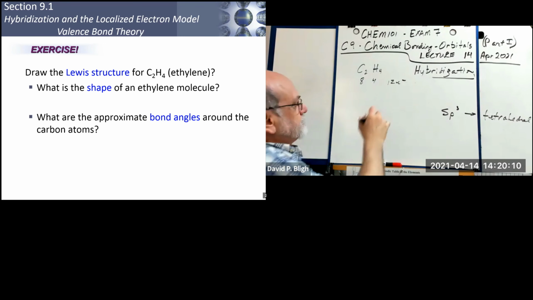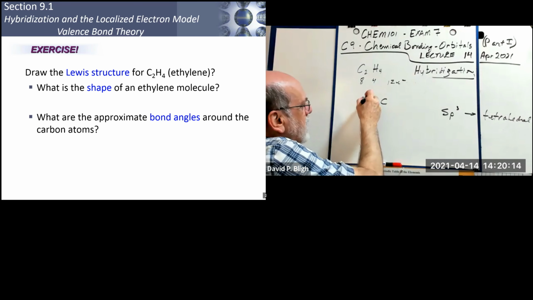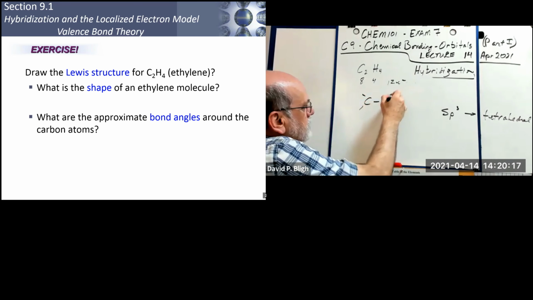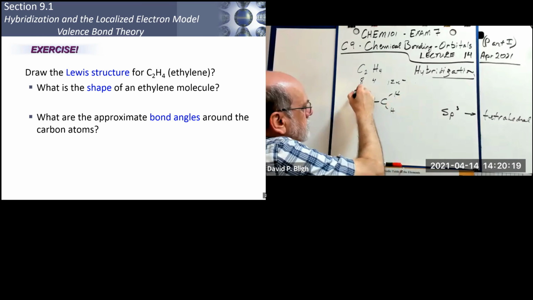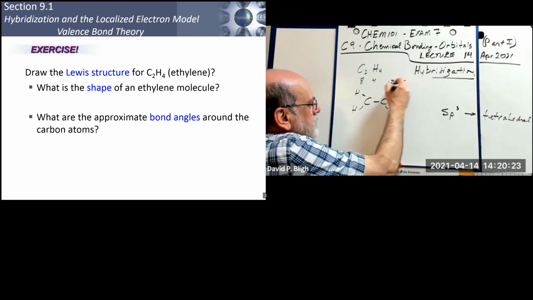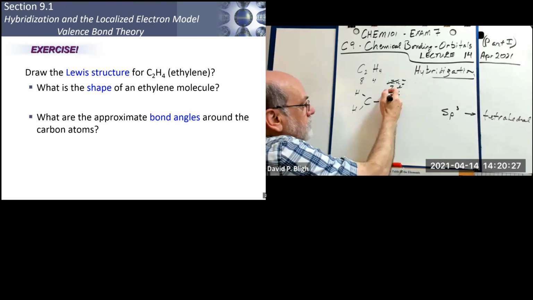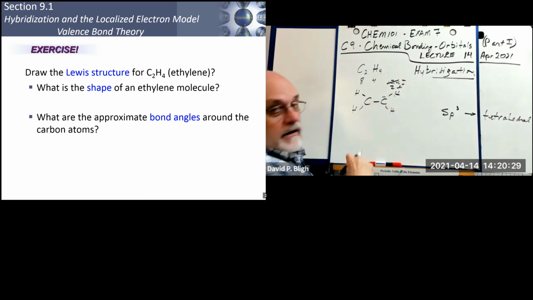Then we put these 2 carbons together, and then we put the other hydrogens around it. So it's 2, 4, 6, 8, 10. So we have 2 electrons left. Where are they going to go? Well, it doesn't matter. Put them on either one like that.